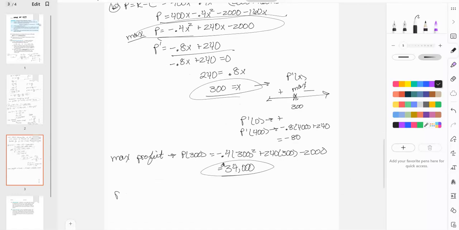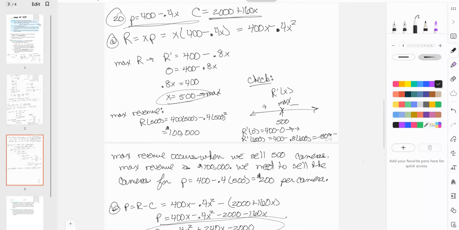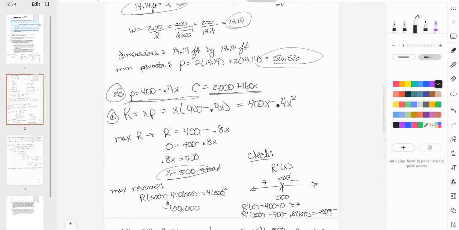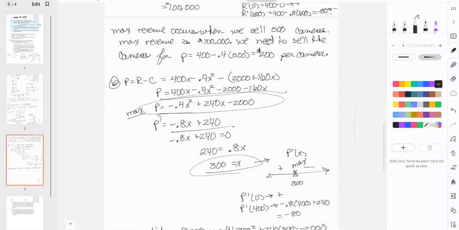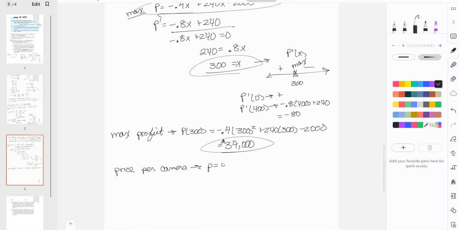And let's figure out the price per camera. This is going to go into the price demand equation, and our price demand equation is 400 minus 0.4x. So 400 minus 0.4 times our x. This is going to tell us how much we need to sell each camera for. And it would be 280.